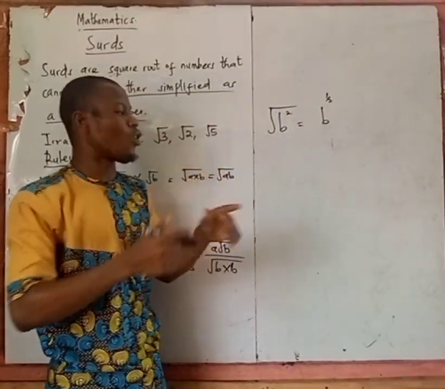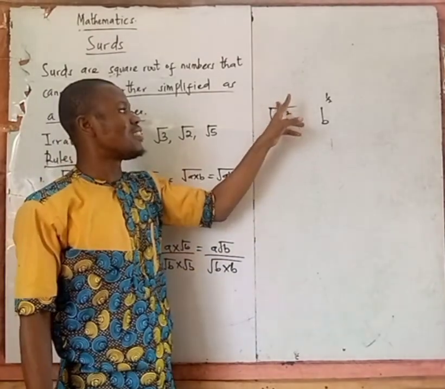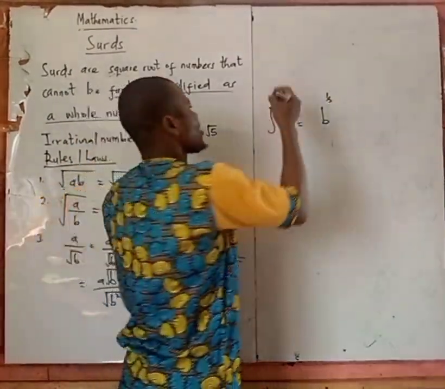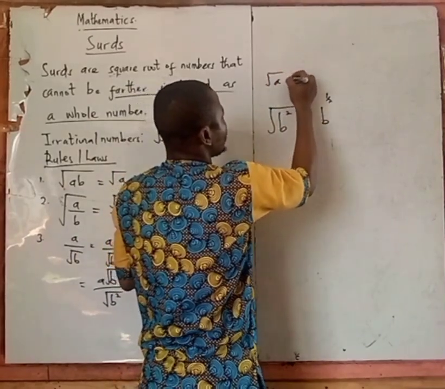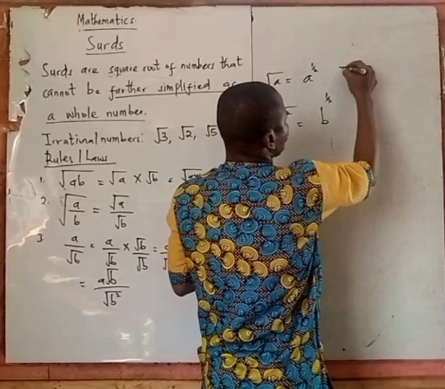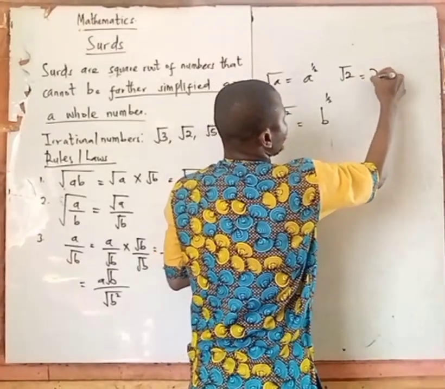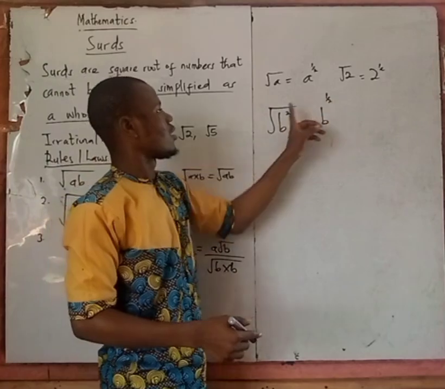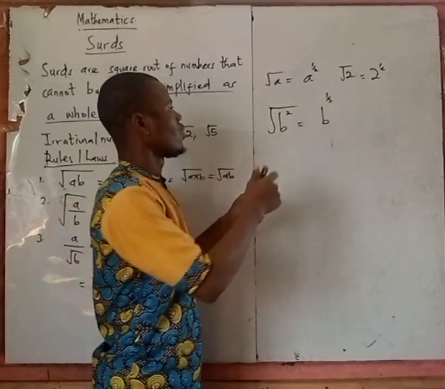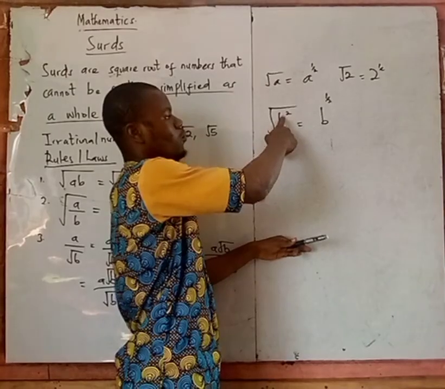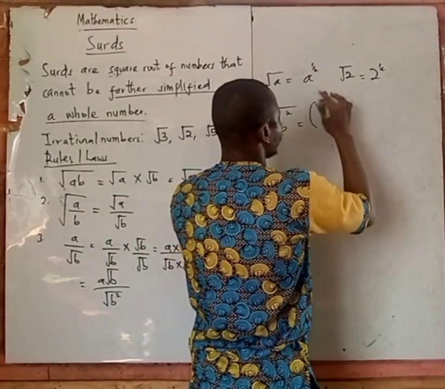So we are converting the square root to 1 over 2. It means that if we have root A, it's the same as having A raised to power 1 over 2. If we have root 2, it's the same as having 2 raised to power 1 over 2. So in this case, this square root here, we'll convert it to 1 over 2. So we still have this square here as the power of 2. So we have everything.